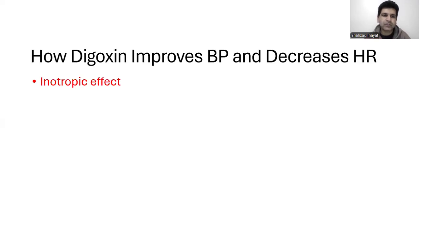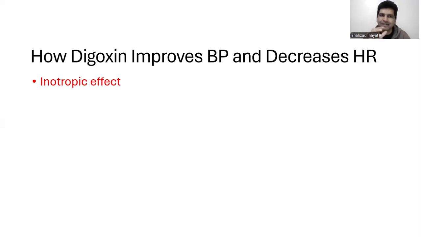As we know, in heart failure patients, the heart contraction is not adequate, and because of that, the ejection fraction is also low. There could be several causes that lead to heart failure, but the eventual result is that the heart is not contracting forcefully. The force of contraction is reduced, and due to that, the cardiac output is not enough.